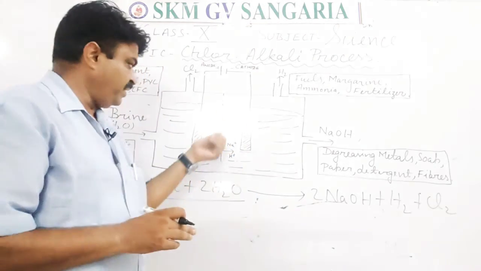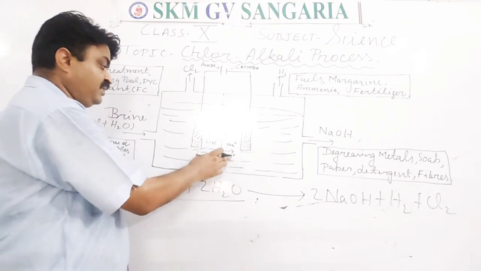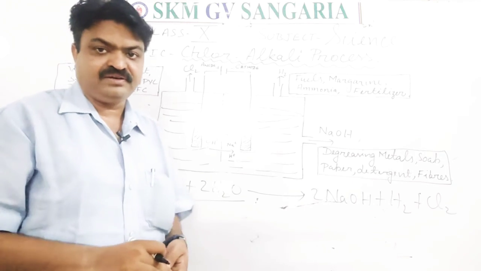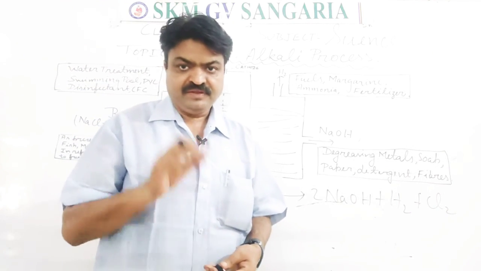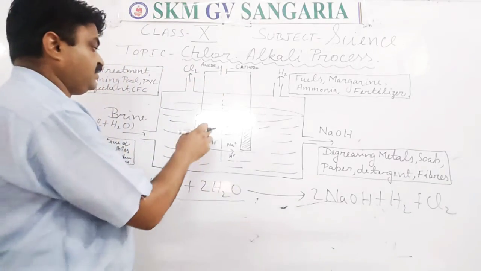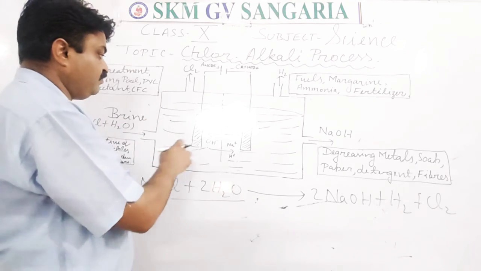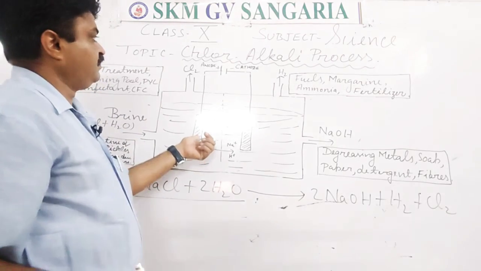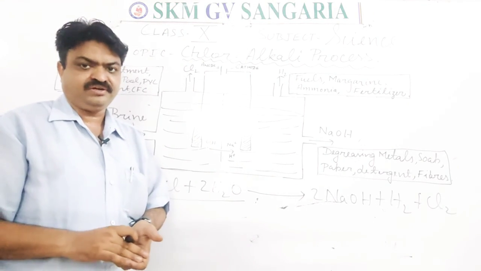When the current is passed through these electrodes, student, then in the brine, or the aqueous solution of salt, decomposition takes place in which the chloride ions move towards the positive terminal, or towards the anode, student.